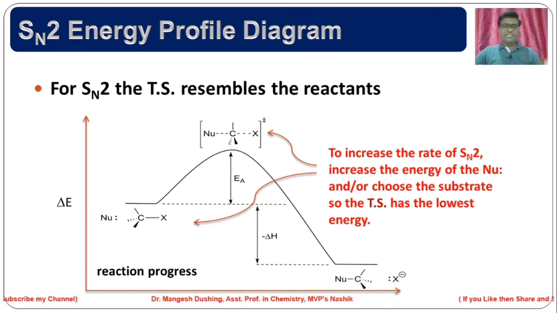To make this reaction faster, we should choose a substrate in such a way that the transition state energy is lower, or choose a strong nucleophile, so the reaction rate will be higher. By choosing the right nucleophile and right substrate, we can minimize the activation energy, so the reaction rate will be higher.